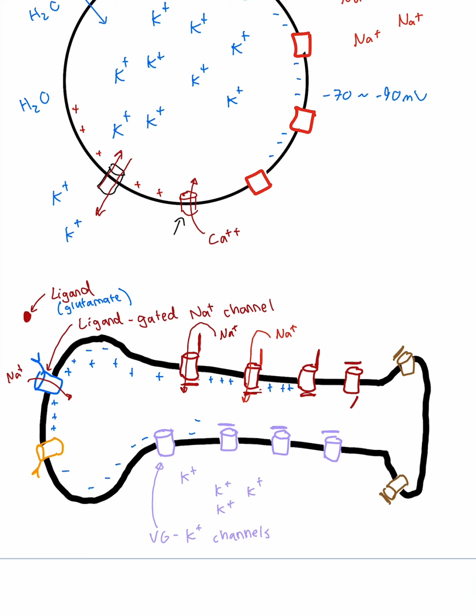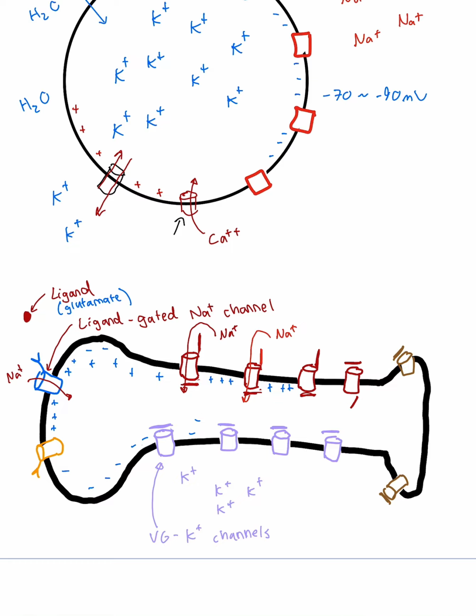So that little channel opened, now it closes because it's more negative again. And so these voltage-gated potassium channels, these guys on the bottom, are responsible for resetting the neuron. And they also help these voltage-gated sodium channels reset themselves too.